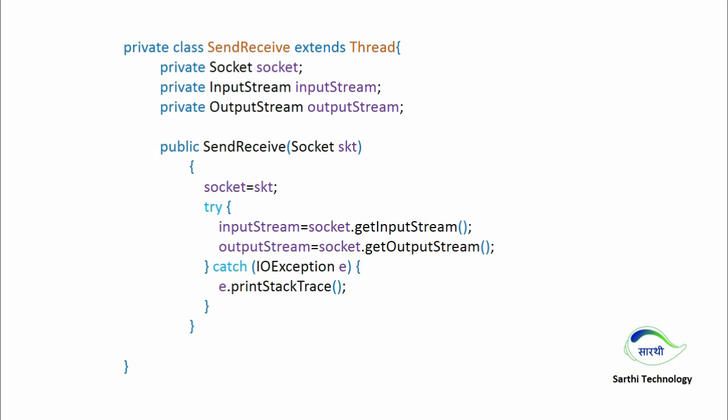This constructor we will call using the socket object, and here this.socket equals skt, and in the try catch block, this.inputStream equals socket.getInputStream, and the outputStream equals socket.getOutputStream.